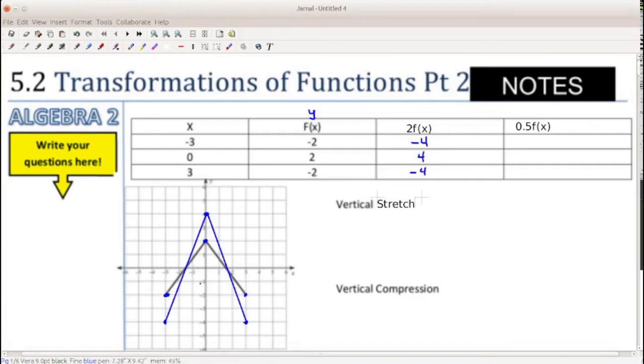What has happened here is we've taken our original function and we have stretched it away from the x-axis. So this point stretched upward, this point stretched downward. It's not a shift because not all my points moved the same. My first point moved away from the x-axis, and this one also moved away from the x-axis to stretch my function.